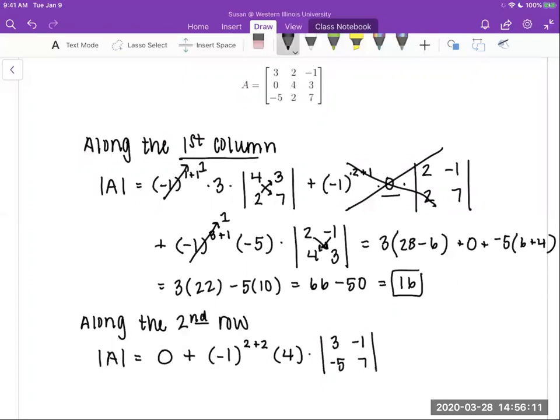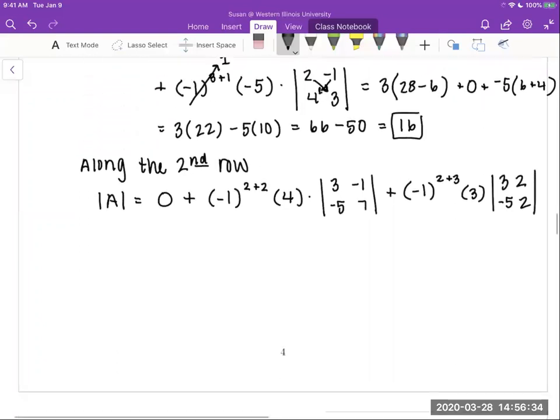All right. And then the final entry here is in the second row, third column. The entry itself is 3, and its cofactor matrix is 3, 2, -5, 2.